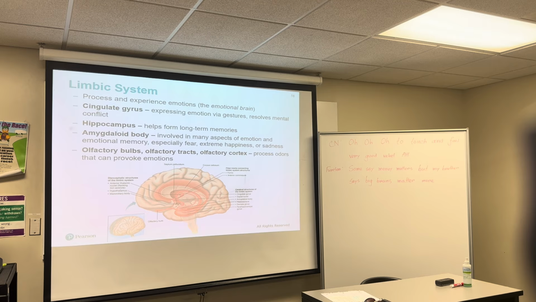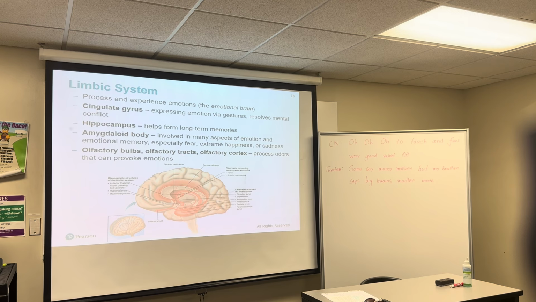Now let's talk about the limbic system, which is associated with emotion, right? In the limbic system, you have the cingulate gyrus, expressing emotion via gesture and resolving mental conflict. The hippocampus helps form long-term memories, and there is the amygdaloid body, involved in many aspects of emotion and emotional memory, especially fear, extreme happiness, or sadness.